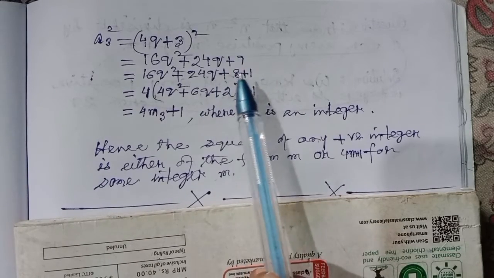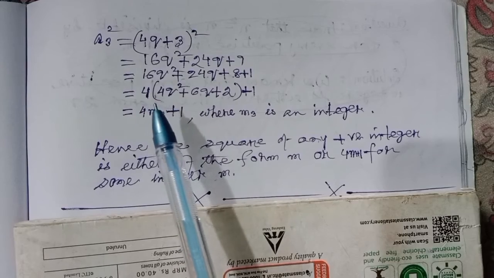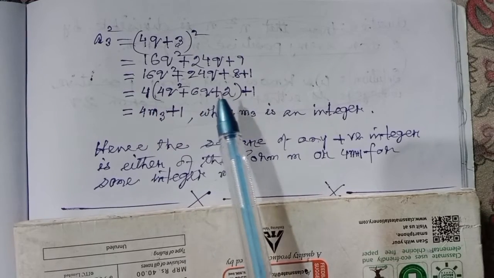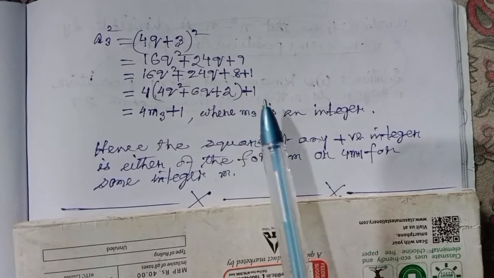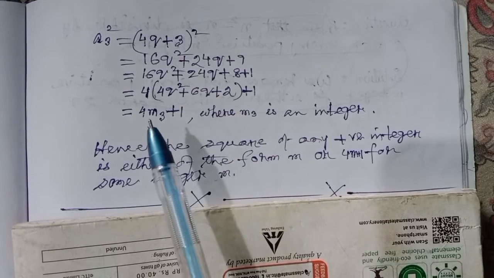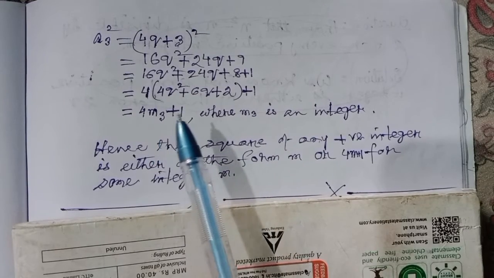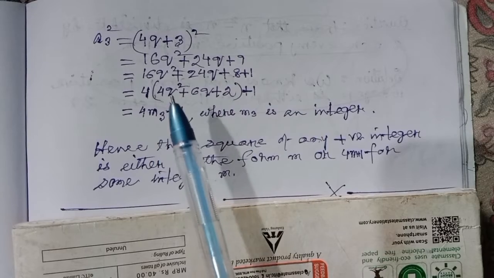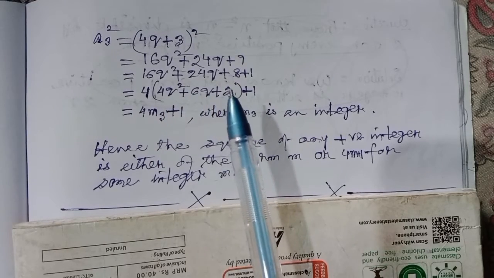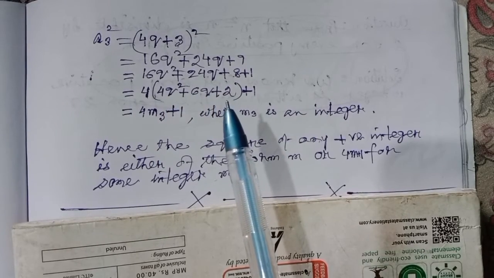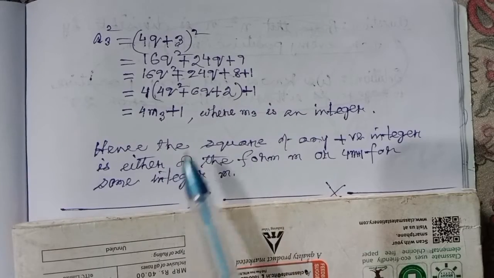Okay, taking common 4, equal to 4 into 4q square plus 6q plus 2 plus 1 equal to 4m3 plus 1. m3 is an integer instead of this expression. Okay, and this corresponds to the value of r is equal to 3.